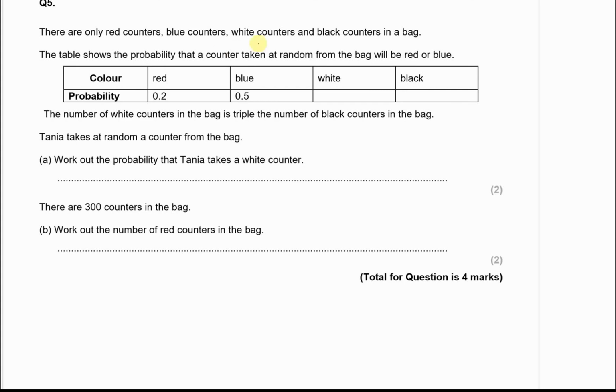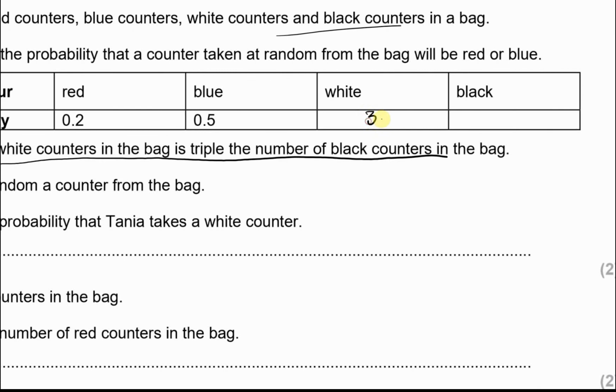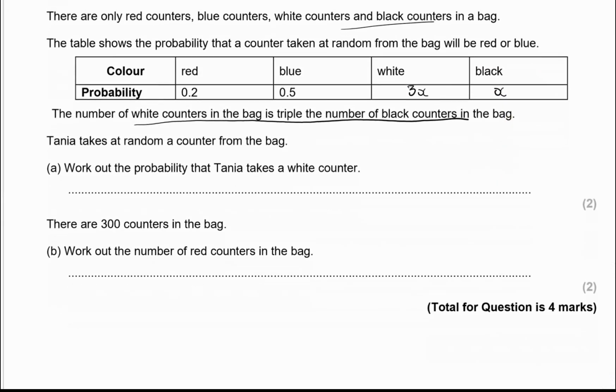There are only red, blue, white and black counters in a bag. We are told the number of white counters is triple the number of black counters. So we have 3 times as many white as black, so it's 3x and x. Same again, we're going to solve this to work out the probability of getting a white counter.